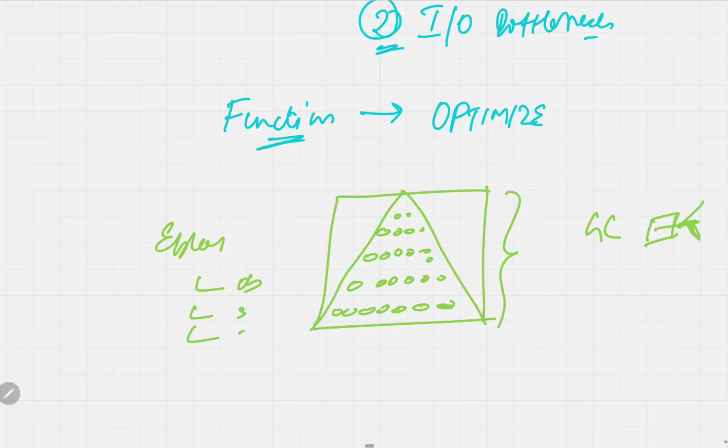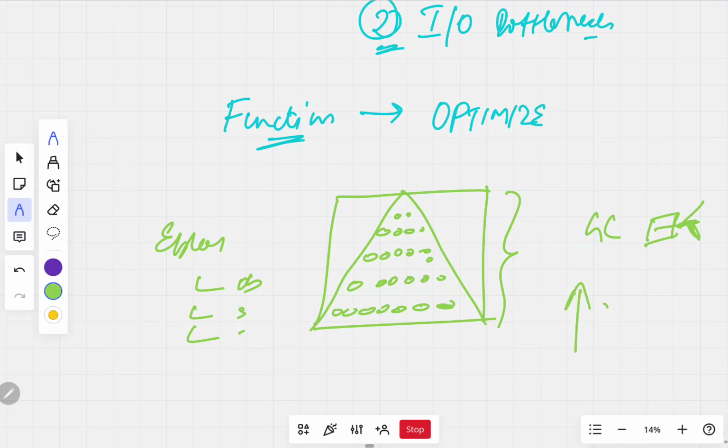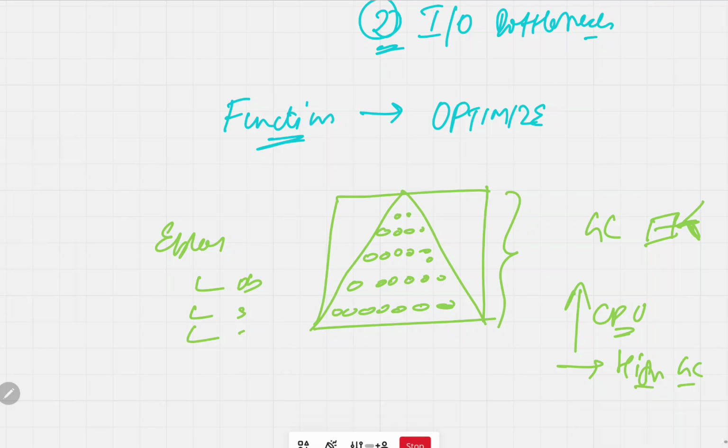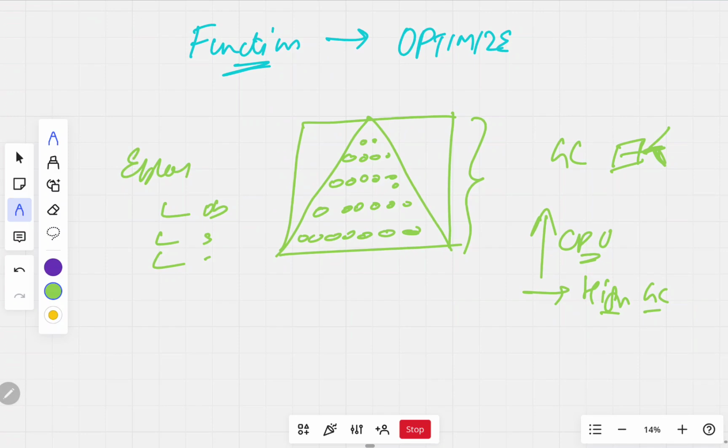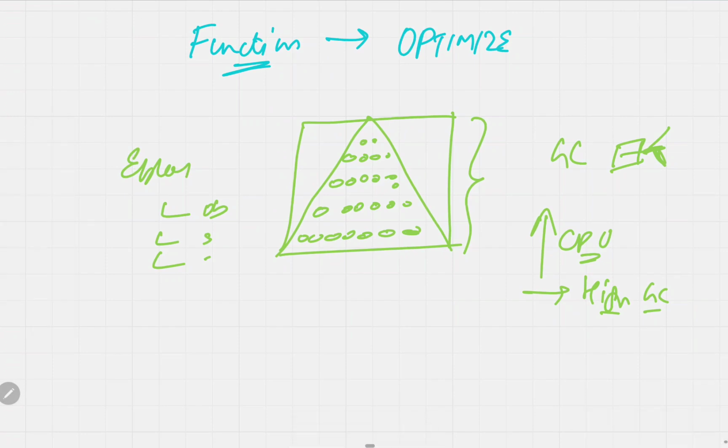So with high garbage collection, if the CPU has spiked, we also try to relate whether there is high GC or not. Let me think if I can relate here what will happen with slow garbage collection or less frequent garbage collection.